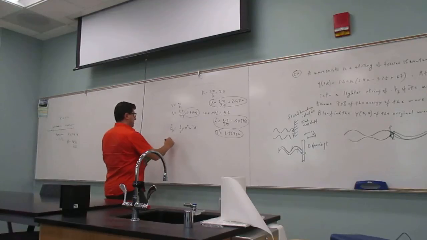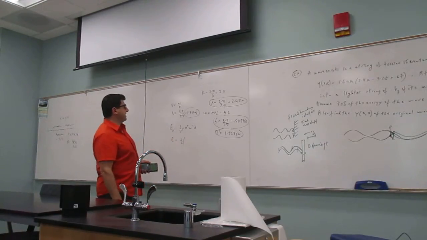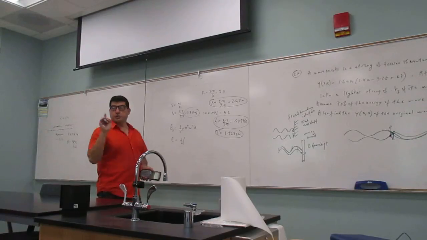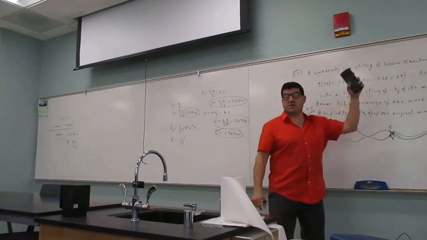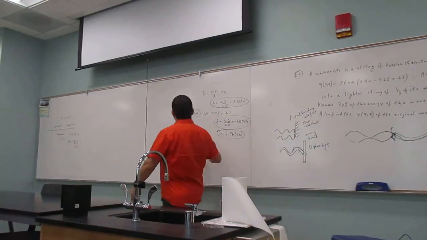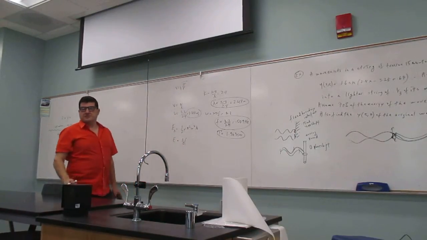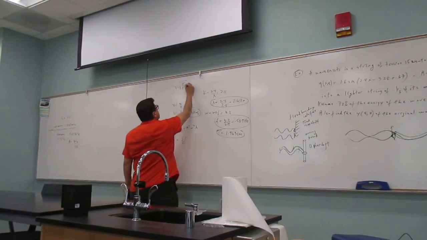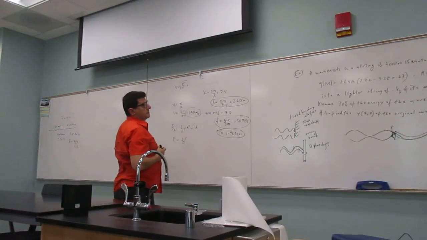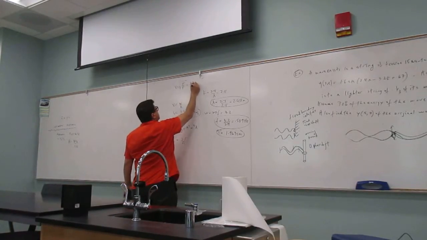So then the energy is going to be, well, do we know the mu, the mass density? Oh no, we don't know the mu yet, right? We have to calculate that. Well, we know the tension in the string is 15 newtons, right? So velocity is square root of 15 over mu, tension over the mass density, right? So that's equal to what? Velocity, which we know is 1.33, right?